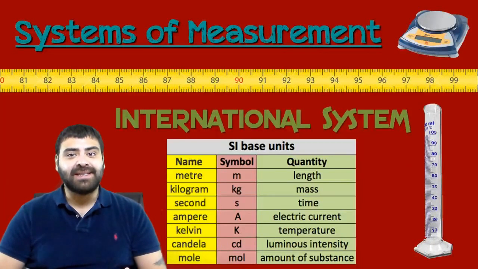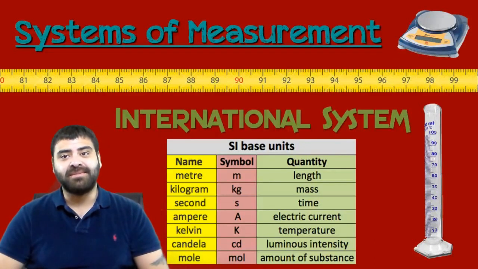You can see we have things like the meter for length, the kilogram for mass, the second for time, and other things like the ampere, Kelvin, candela, and mole, which you will learn about in the future. But now we have one universal system that the entire world has agreed on, and we could all compare our results to one standard unit.